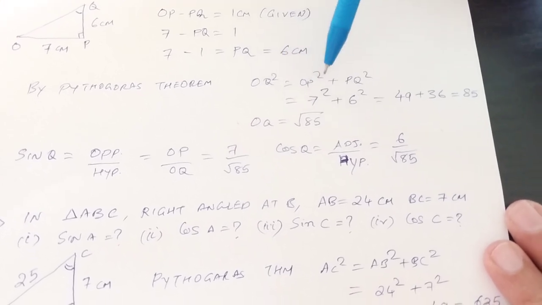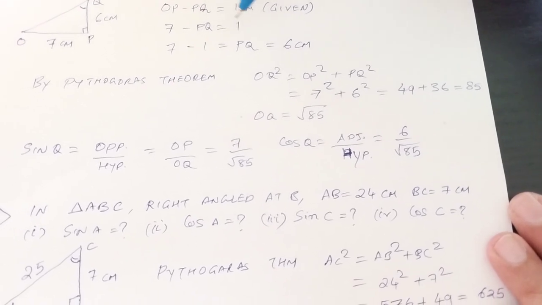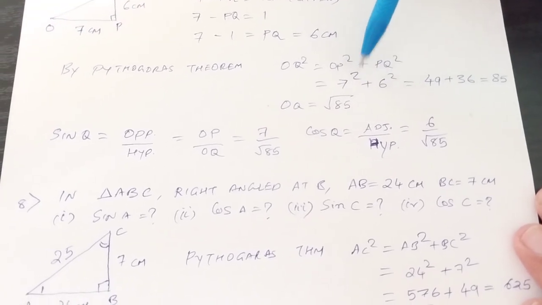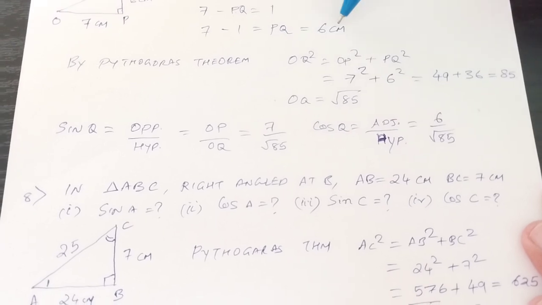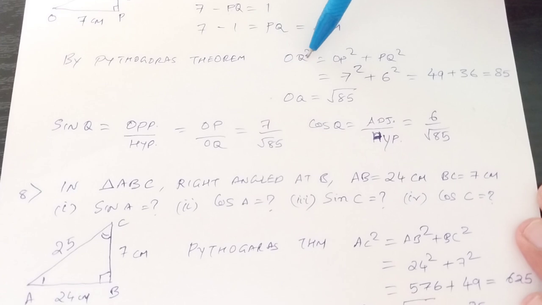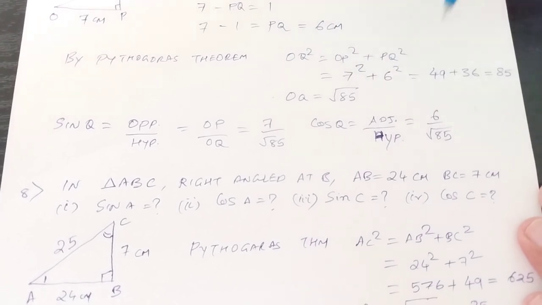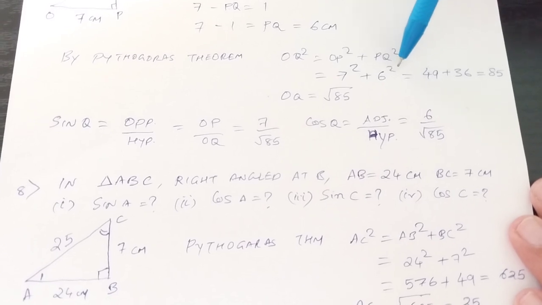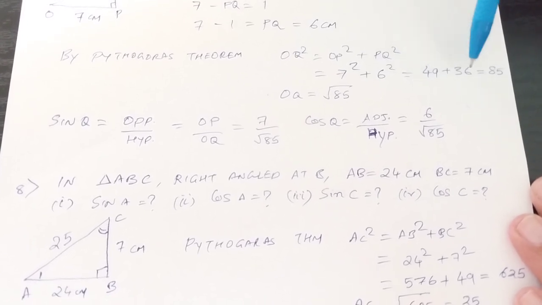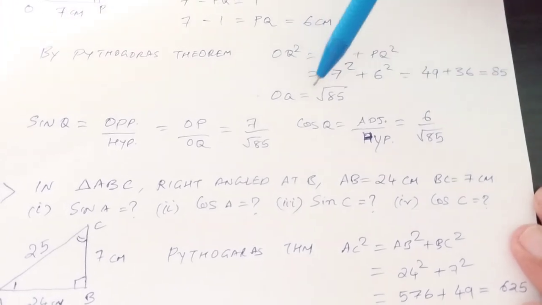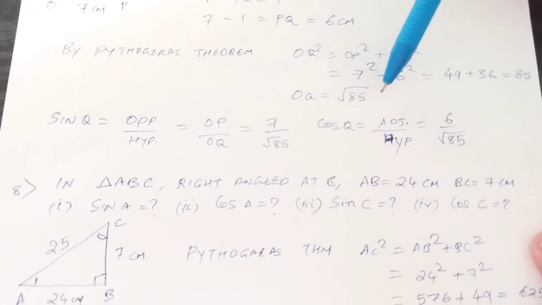OP is 7 centimeter and PQ we have calculated is 6 centimeter, so OQ squared is 7 squared plus 6 squared. 7 squared is 49, 6 squared is 36. Adding these together, we get 85. So OQ is square root of 85.